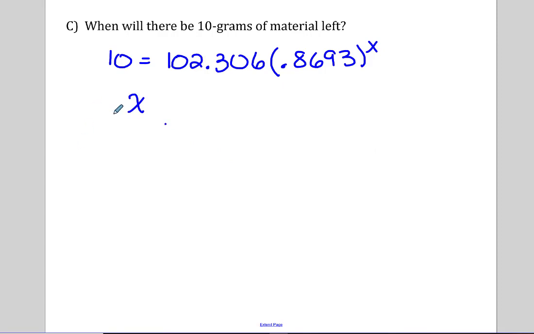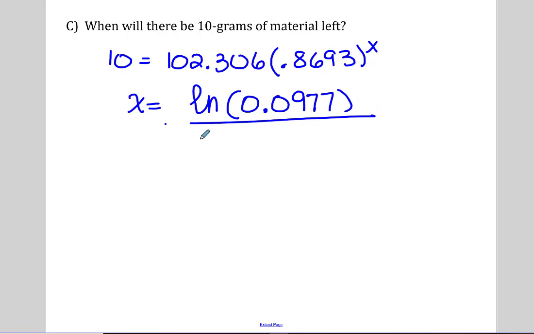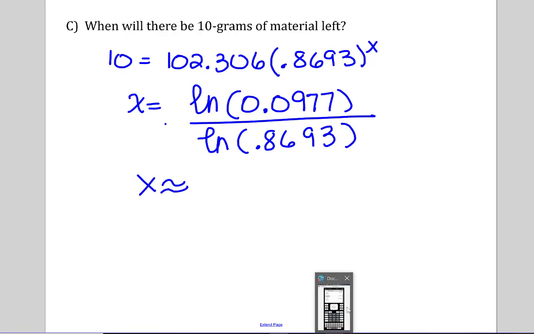Okay, so we got natural log of 0.0977 divided by natural log 0.8693. So that should be about 17 weeks or something.